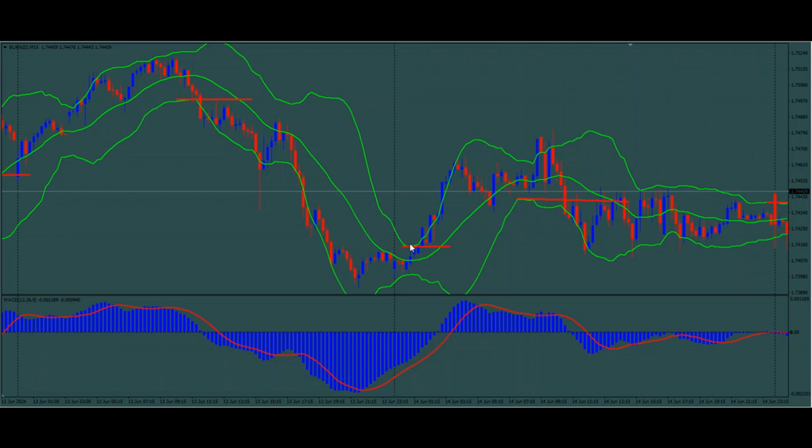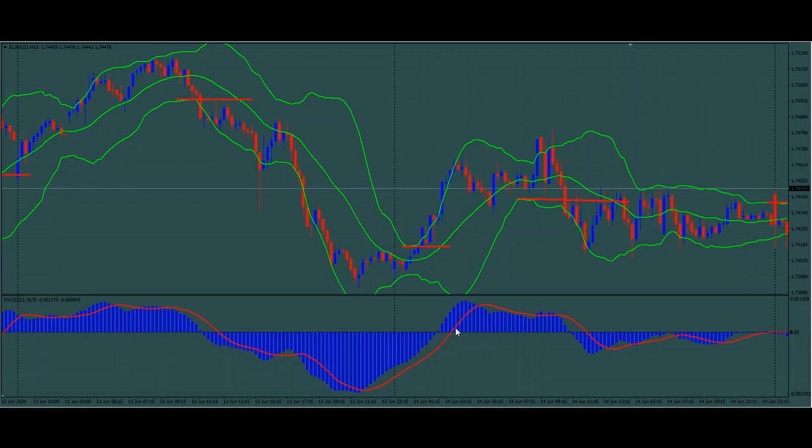We have a contraction. We place our horizontal line, waiting for price to break above the horizontal line, closing outside this Bollinger Band. And here we get the signal. We open our buy trade. And you look down here, you see that the MACD is above the signal line.